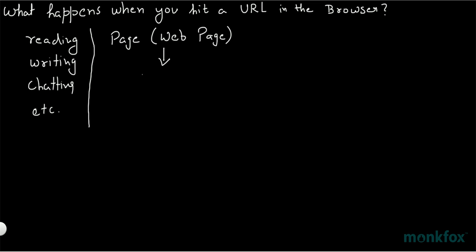To be more precise, a web page is nothing but an HTML document. HTML is a language basically used for writing web pages, and the full form of HTML is hypertext markup language.